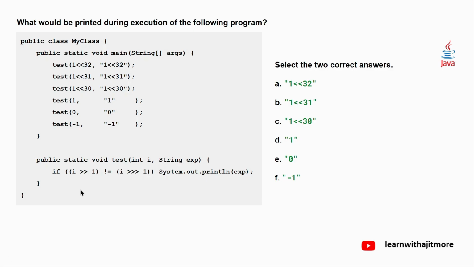Today only I told you guys, by 2 greater and 3 greater, you know it. By 3 greater, what is going to come in the MSB? 0. And by 2 greater, the old sign bit.